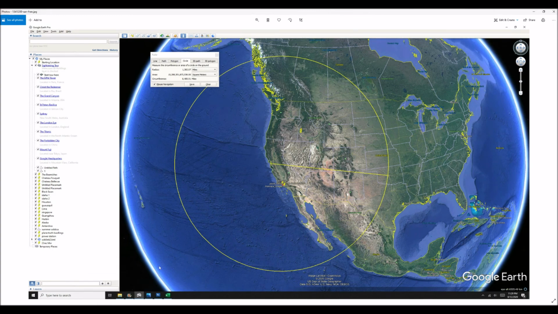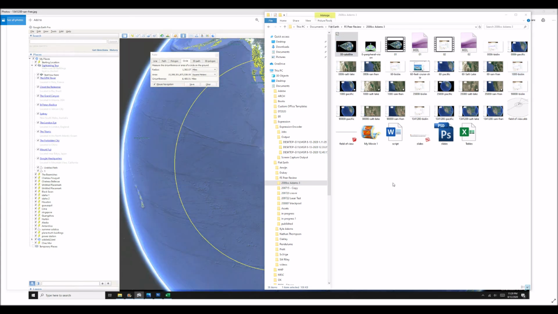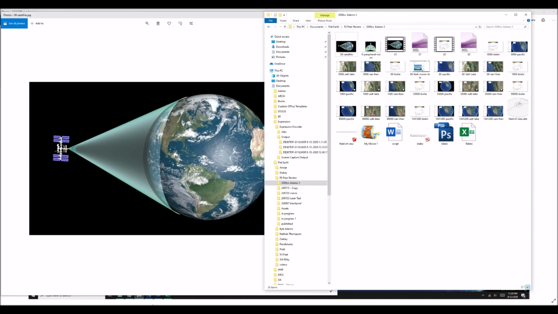By the way, I wanted to mention, let me see if I can bring up that picture. This picture here, which is supposed to look like the ISS orbiting above the Earth and looking at the field of view, is in fact extremely out of scale. The ISS does not see anywhere near this much of the surface of the Earth at any one time, and it's nowhere near this far away.